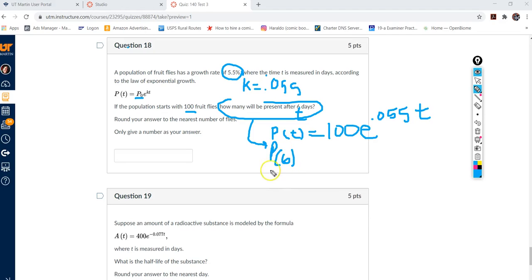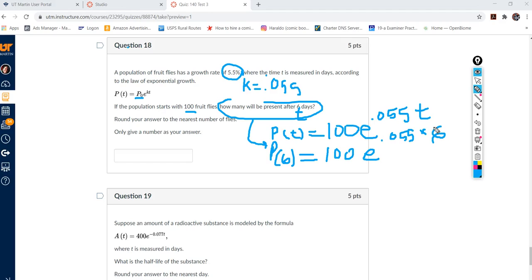This is a function. This is P of T. So P evaluated at 6. Well, everywhere there's a T, you replace it with 6. And so I'm going to put 100 times e to the power of 0.055 times 6.